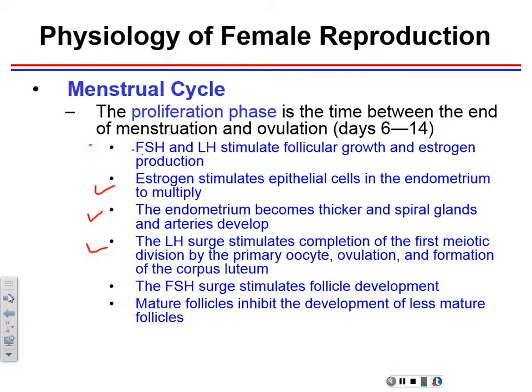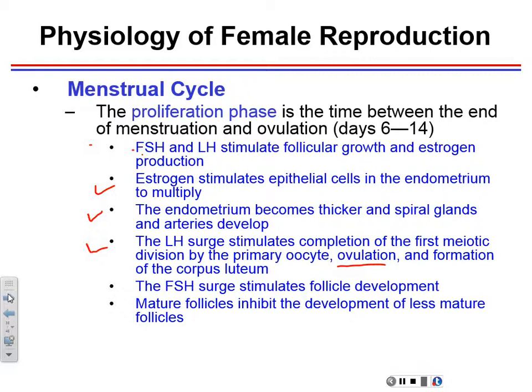That's LH that does that. All the way until just before ovulation, it's still arrested in prophase 1. Only just before ovulation does it finish off the first meiotic division, because it has to be haploid, and then it starts the second one, but doesn't finish it.